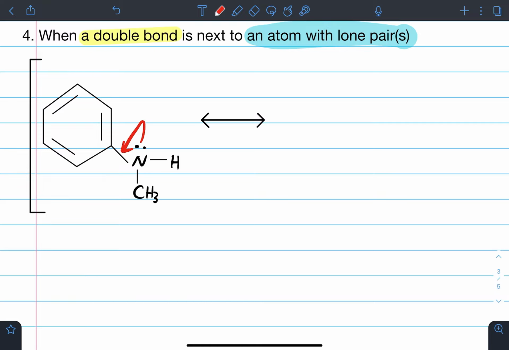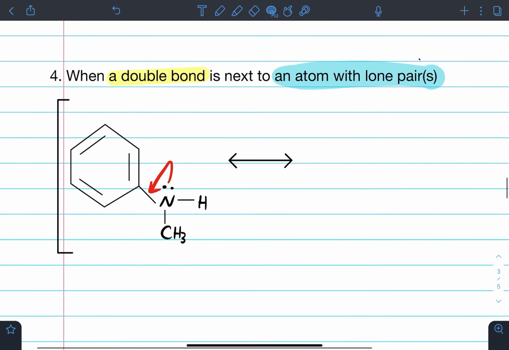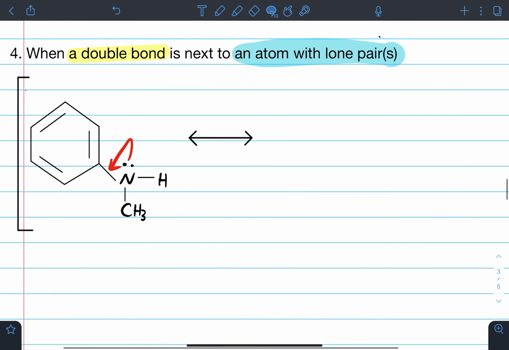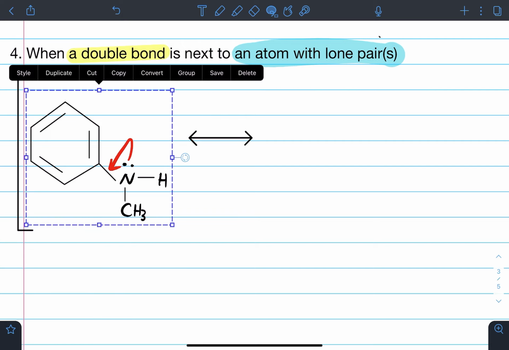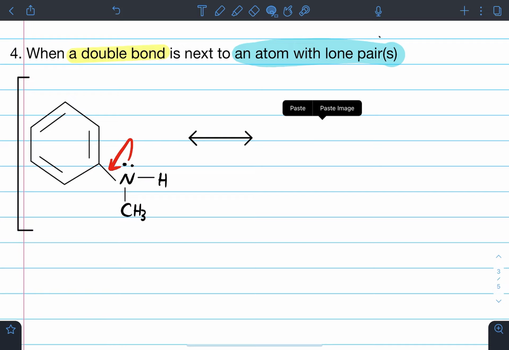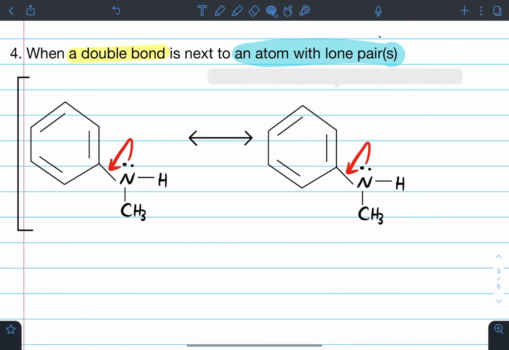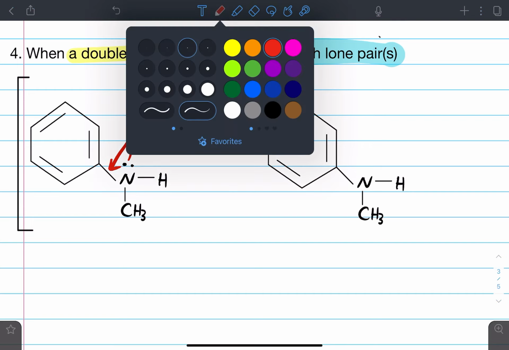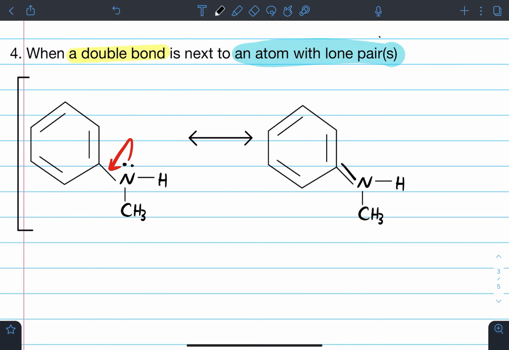So this lone pair will form a new bond here. Let's draw the structure after the formation of this extra bond. Okay, let me just copy and paste it. Okay, perfect. Now let me get rid of this lone pair and create an extra bond here, okay?